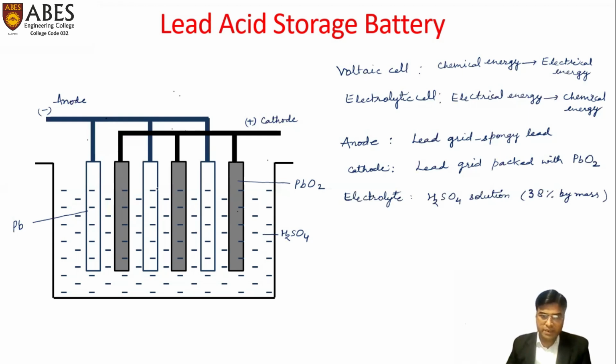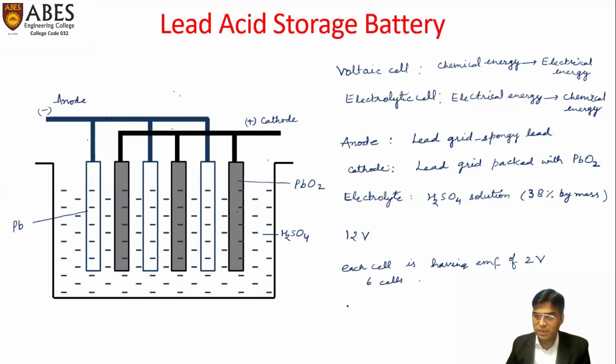The voltage of this battery is 12 volt because it is made up of 6 individual cells having 2 volt EMF of each cell. So each cell is having EMF of 2 volt and 6 cells are there.